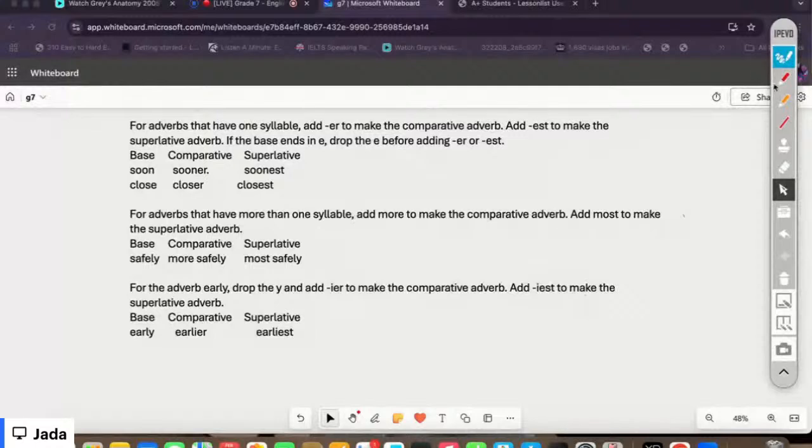Okay, so we also have adverbs that have more than one syllable. If it has more than one syllable, you add more for the comparative, and you add most for the superlative. So we have safely, then more safely, then most safely.